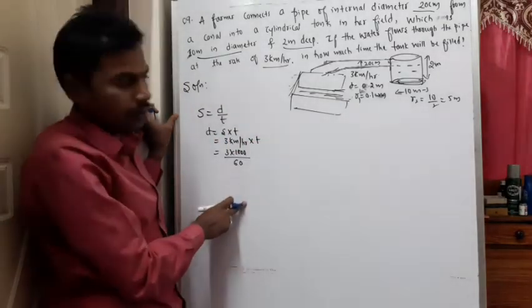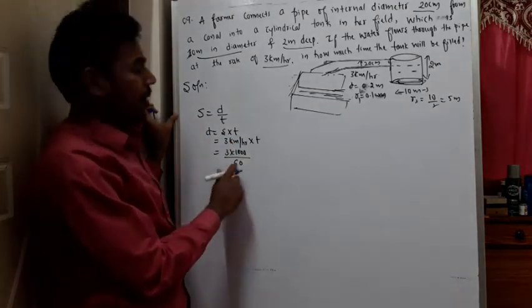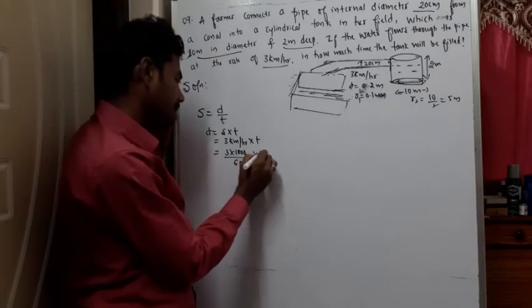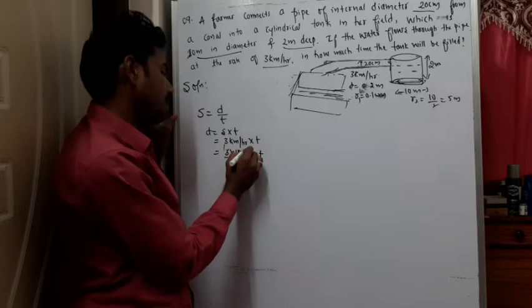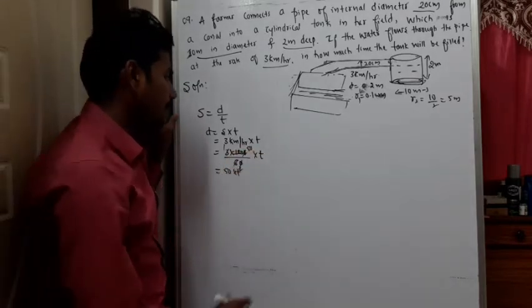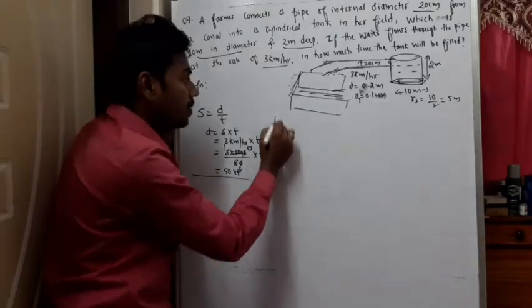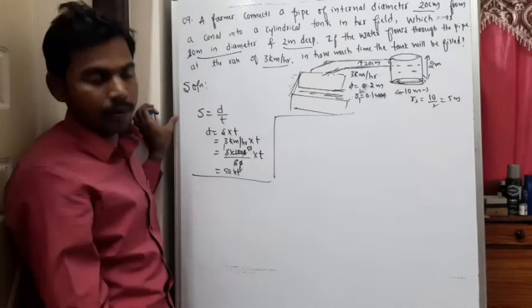Per hour to per minute, I need to divide by 60. So into t. This 0 will get cancelled. 3 1s are 3, 3 2s are 6, so 50 t is my height. This is very important. If you are able to understand this, you can understand the entire problem.